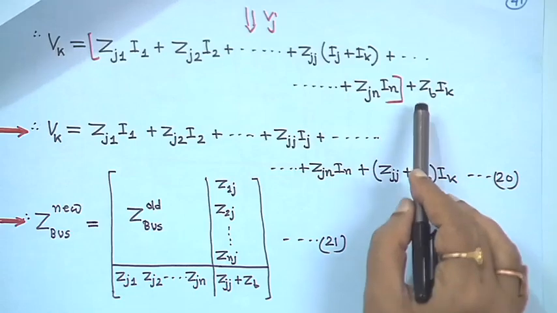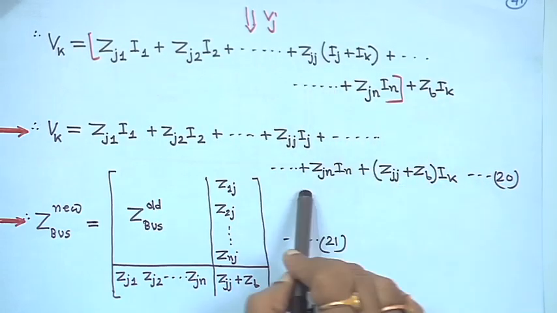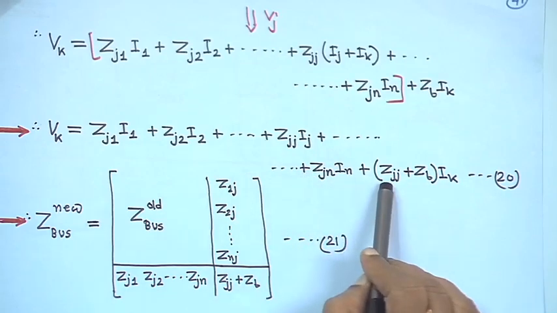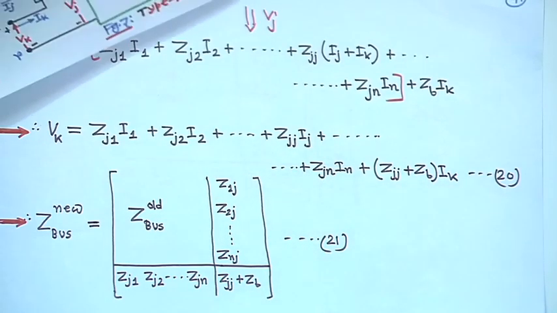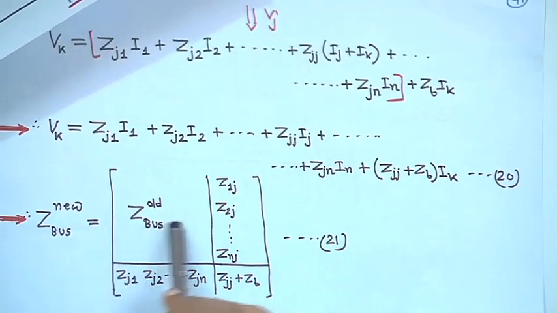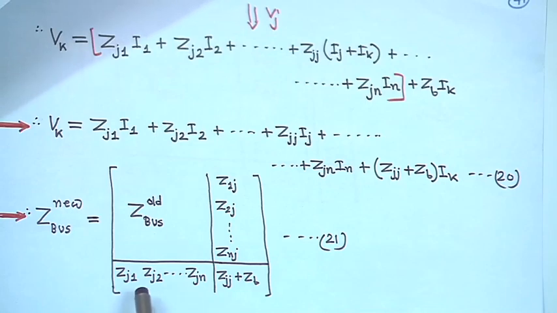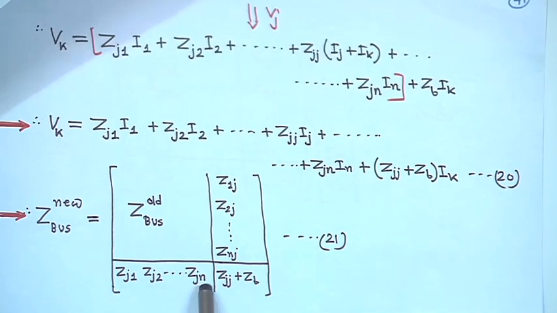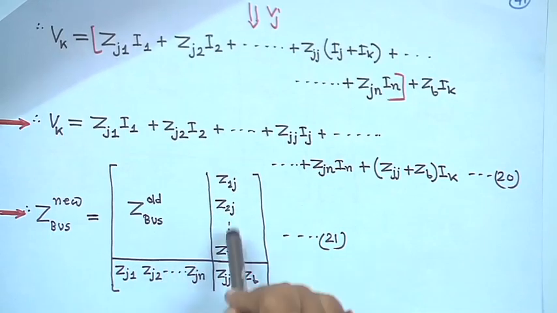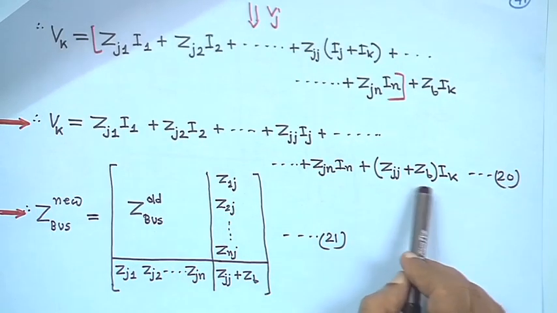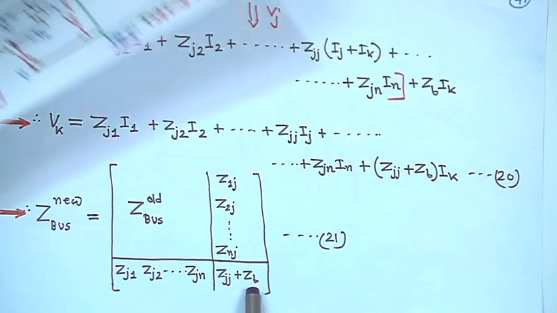So, first we have written Vj up to this, plus ZB Ik. After that, if you simplify, it will come plus ZJJ plus ZB Ik. That means for Z bus new, Z bus old will be there, and the last row, the kth one, will be ZJ1, ZJ2, ZJN. It is a symmetric matrix, ZJ1 means Z1j, ZJ2 means Z2j, ZNJ, and the last diagonal one is ZJJ plus ZB.